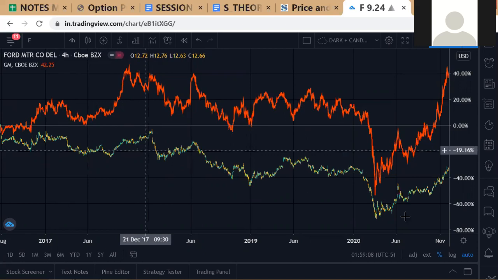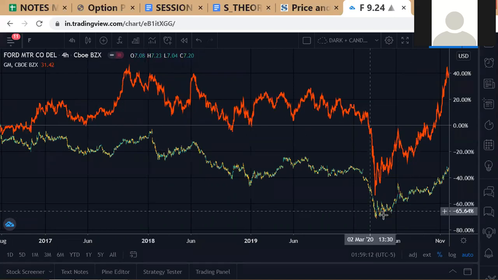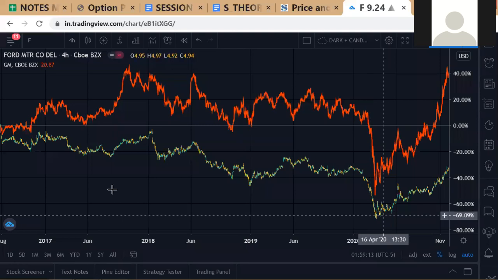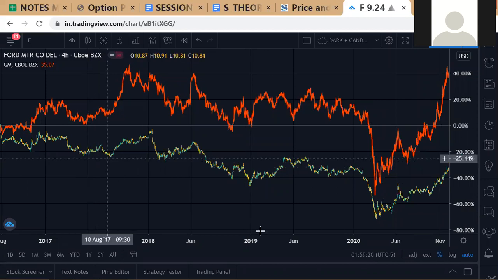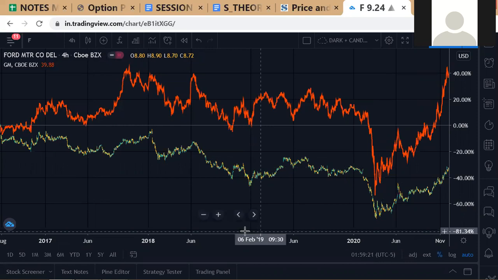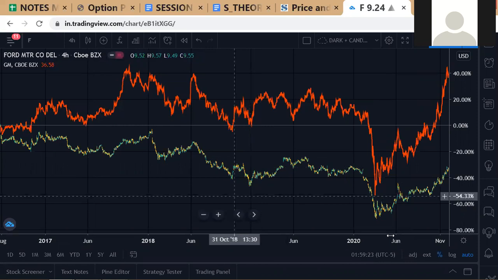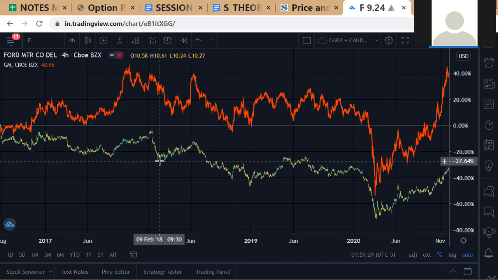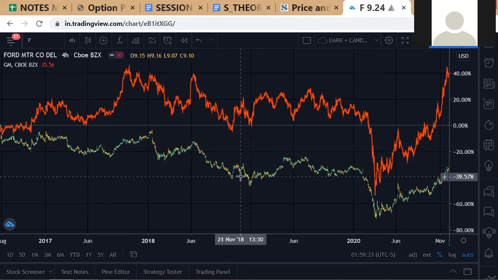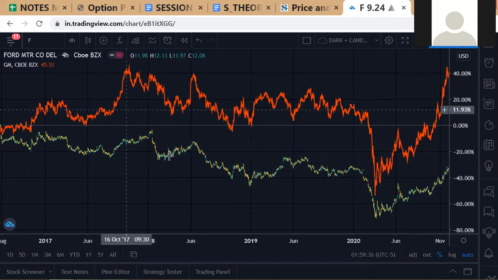They're quite similar, but at the same time not identical, because for instance here this part going up is not exactly the same. And so what you do is historically you look at what the variations have been, you standardize the price difference between the two, and you look at the historical behavior of this differential.